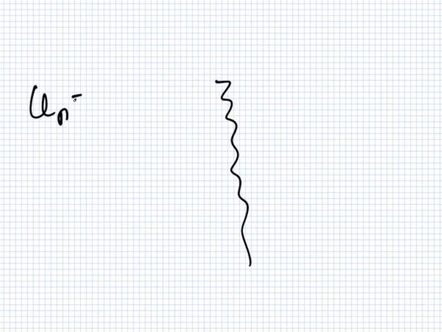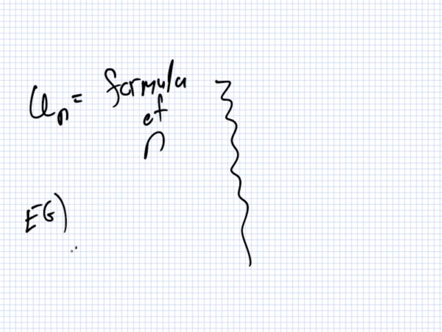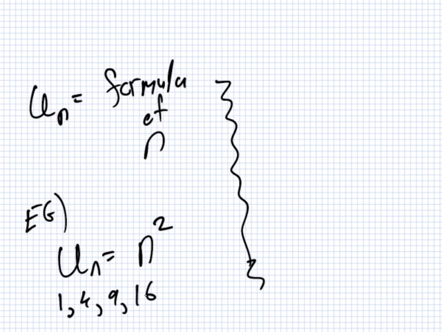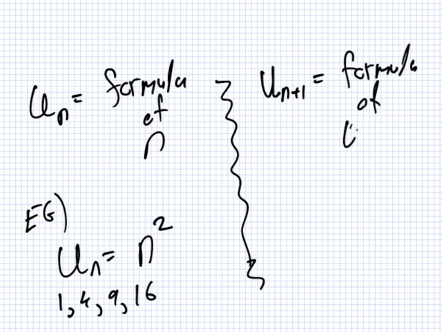So just to give you the 2 types, one possibility is you say Un equals, and you have a formula of n. Like for example, Un equals, let's say, n squared. What are the terms here? 1, 4, 9, 16, for example. Or you can say U(n+1) is a formula of Un.